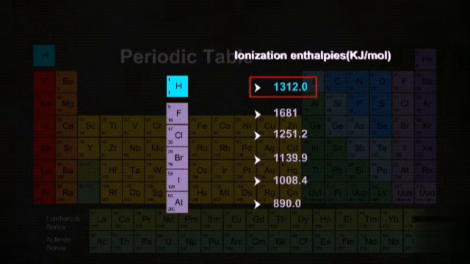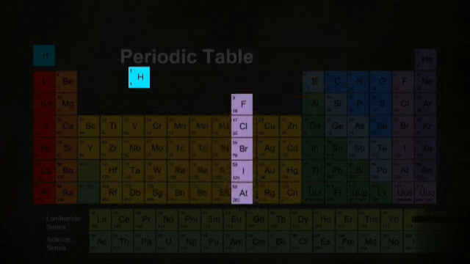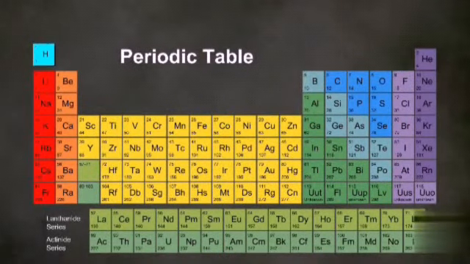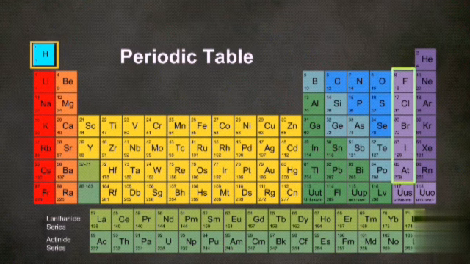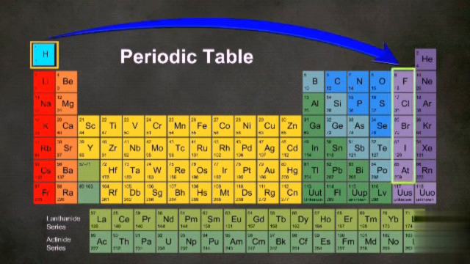So looking at the similarities between hydrogen and halogens, hydrogen can be placed with the group of halogen, that is group 17. But due to some of its dissimilarities with halogens, hydrogen is not placed with halogens in group 17.